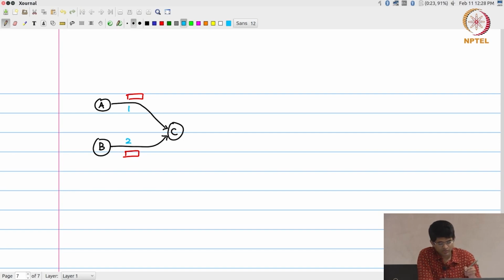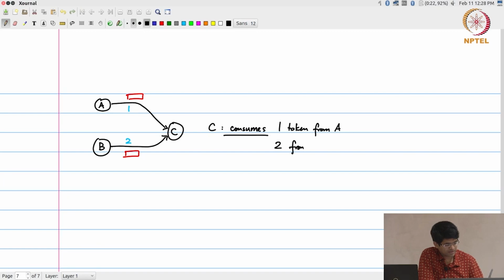Okay. So with this model, essentially what I am saying is, every time C executes, it consumes one token from A and 2 from B on each execution, on each firing.